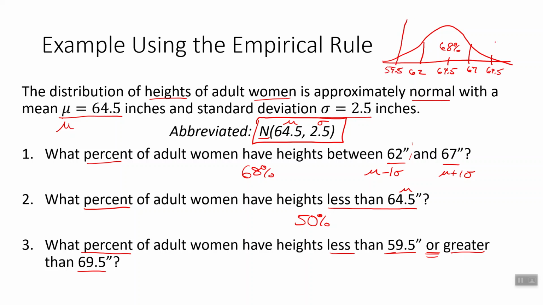So that's 2 standard deviations. Remember, we said 2 standard deviations was 95%. So what's left over is 100% minus the 95%, which leaves us with 5%, or roughly 2.5% on each side. All right, so that's how we can use the empirical rule for some shortcuts.